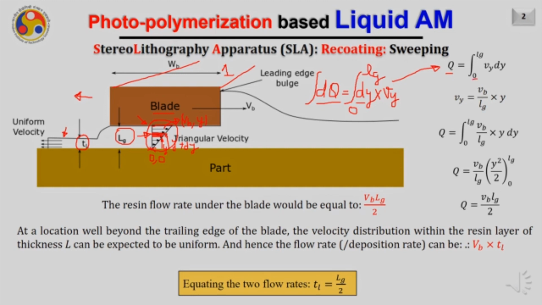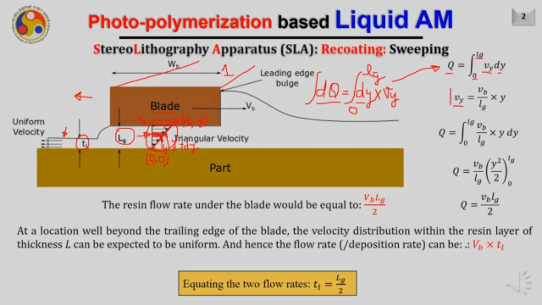So the total flow rate will be equal to the integration from 0 to Lg of Vy, the resin velocity anywhere in between, into dy. Hence, Vy, which we can easily obtain by writing the equation of the line passing through point 0, 0 and Vb, y.